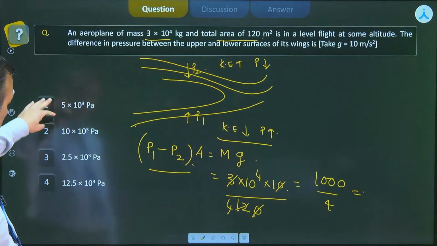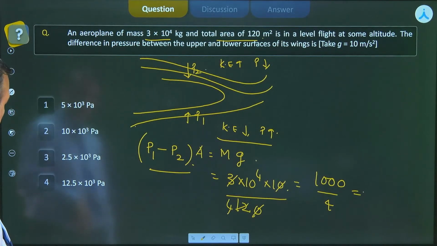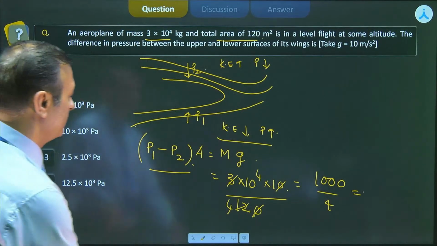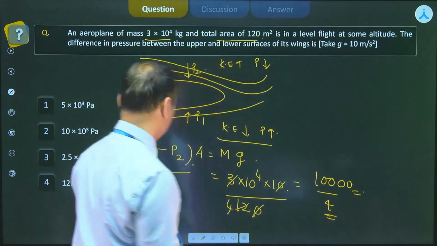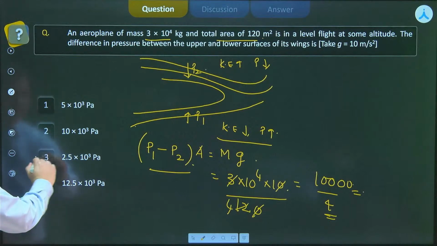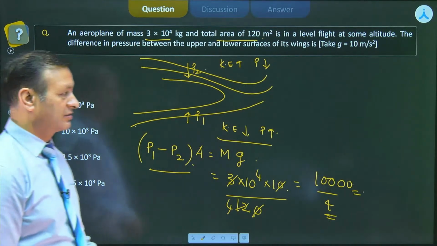I think you need to check the answer from this. So is it going with any one? 10 to the power 4. Yes, this is the one. So now we have the option 2.5 into 10 to the power 3 Pascal.